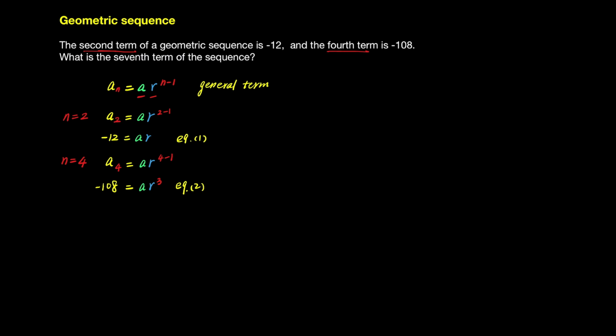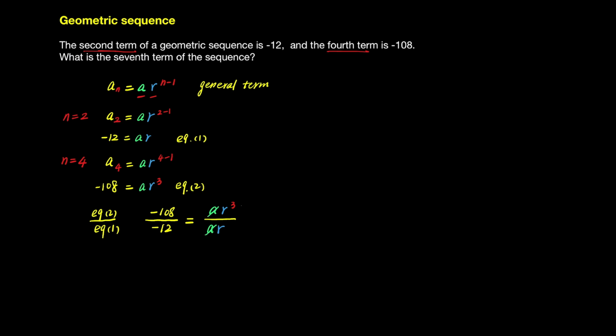Okay, let's divide equation 2 by equation 1. On the left side, we have minus 108 divided by minus 12. On the right side, we have a times r to the power of 3 divided by a times r. Now you can see that we can cancel a from both numerator and denominator.